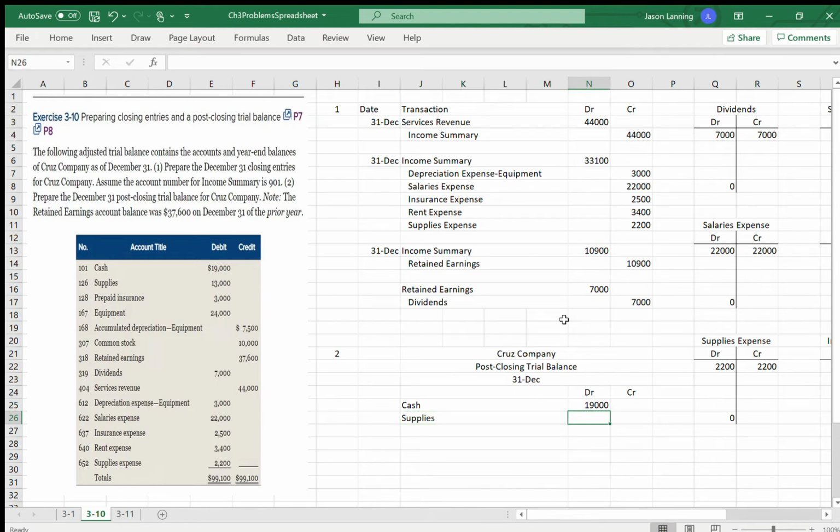What is it? 13,000. Prepaid insurance is 3,000. Equipment, another asset, debit balance of 24,000. Then we have accumulated depreciation on equipment.